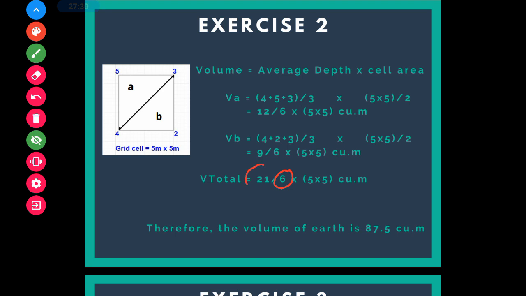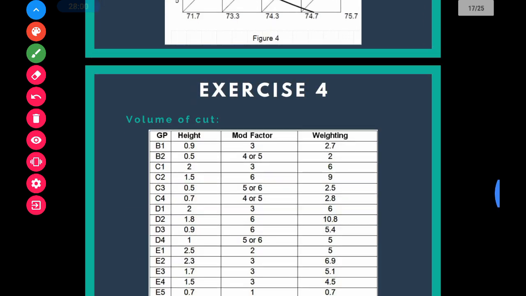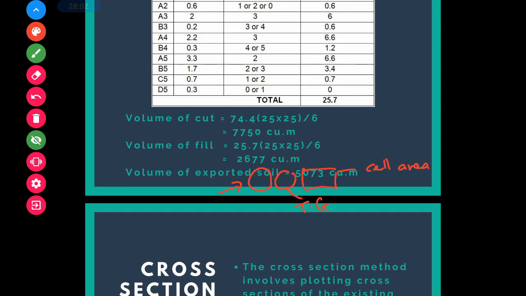The value that you get from the tabulated format is just this value, and then you need to divide by 6, because for exercise 4 we are also using the triangle grid, and then multiply by the cell area. From this concept, you apply it to the tabulated format here, so that's why you have these additional numbers here.